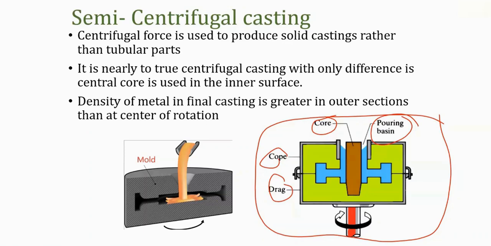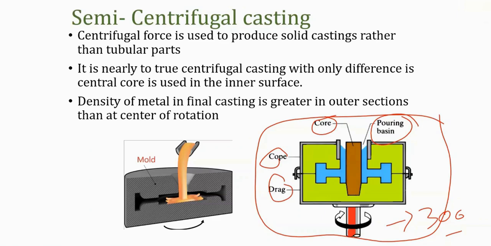Instead, you rotate this complete mold at a speed of 300 to 3000 rpm. We can say it is a hybrid where we mix sand casting with centrifugal casting. The process is the same: you have the same mold structure, with cope, drag, the mold cavity, and the core box, right?